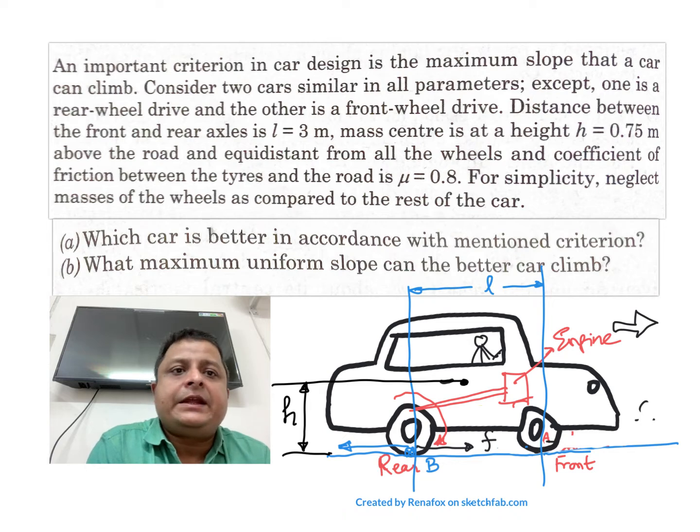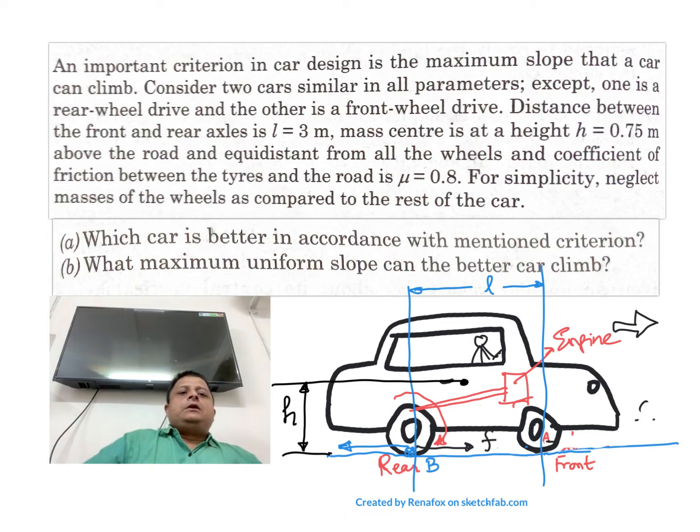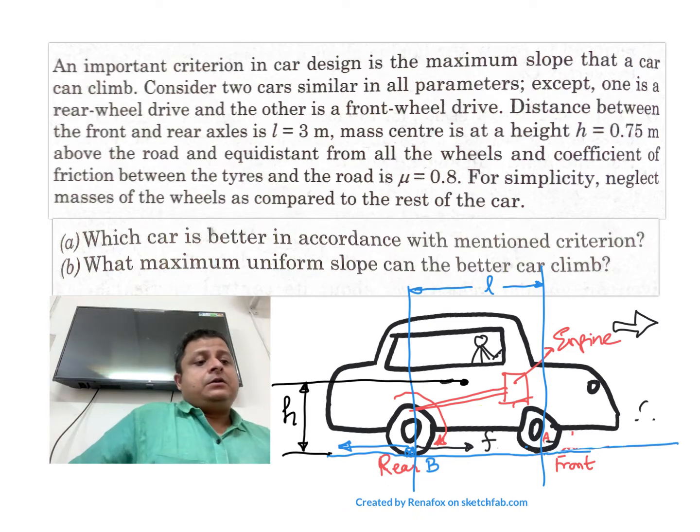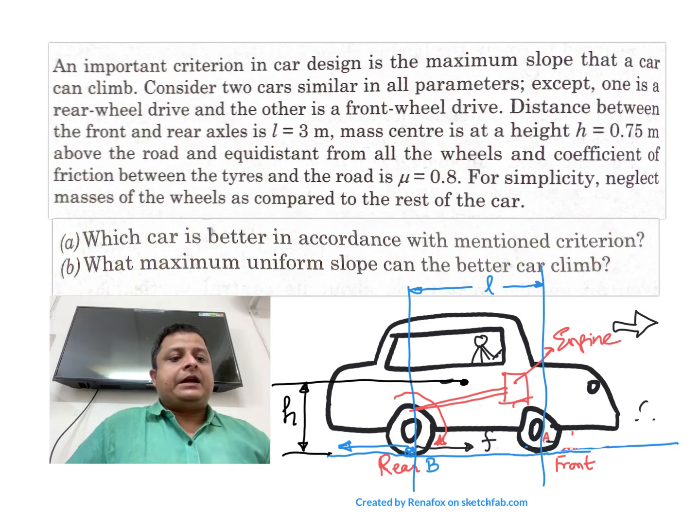For simplicity, neglect mass of the wheels. Which car is better in accordance with mentioned criteria? What maximum uniform slope can the better car climb? That means you have to find out the maximum angle theta of the slope through which the car can climb.